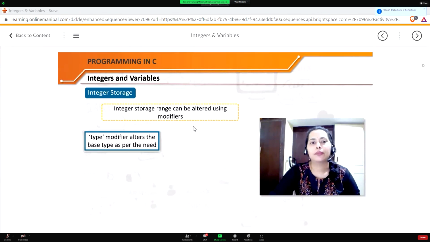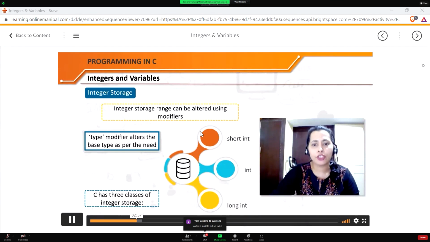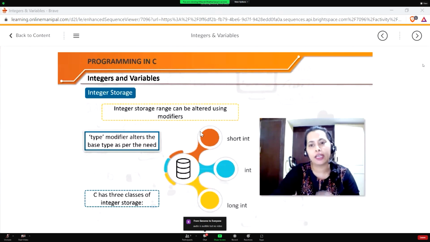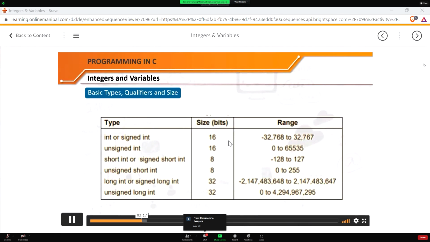The modifiers that we can see here are short and long, which are usually preceded before the data type that we use. Short here will have a lesser range of values than int, and long has a higher range of values than int. This table represents the kind of modifiers that are used along with the integer type.